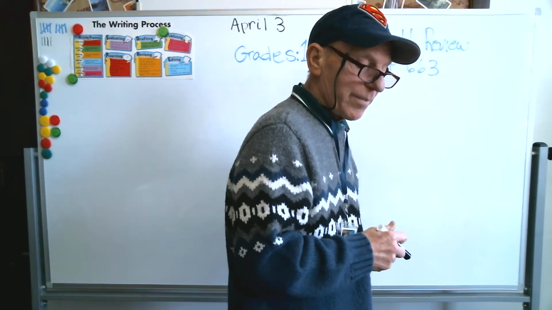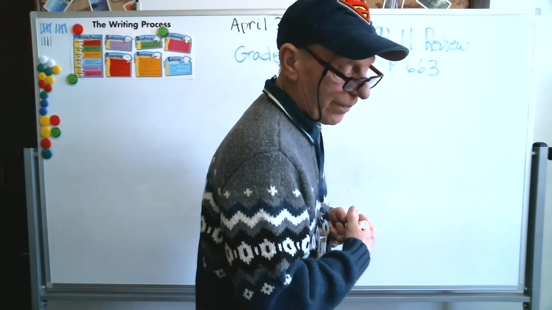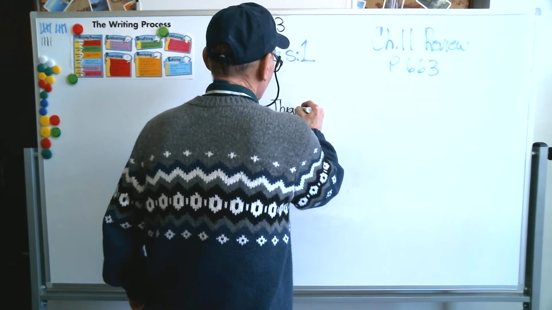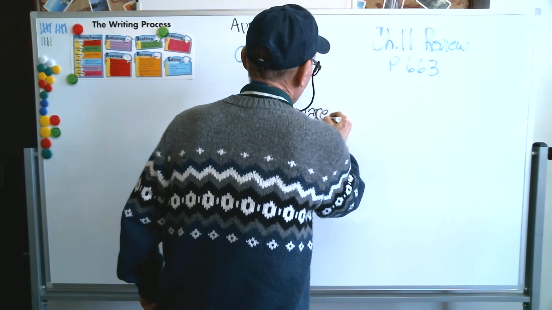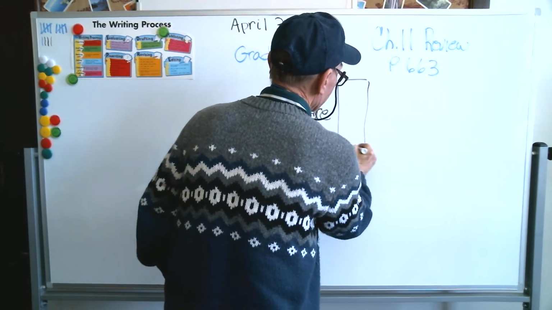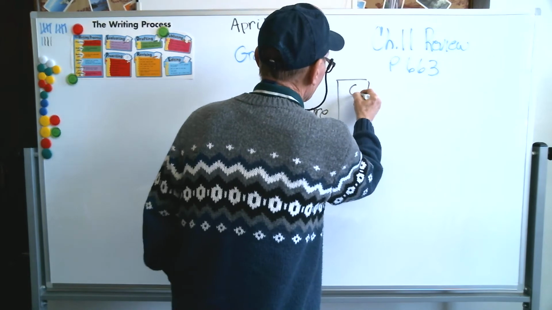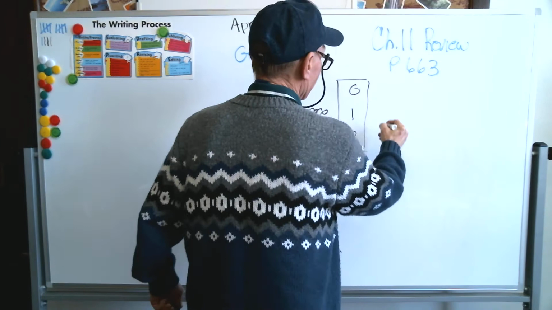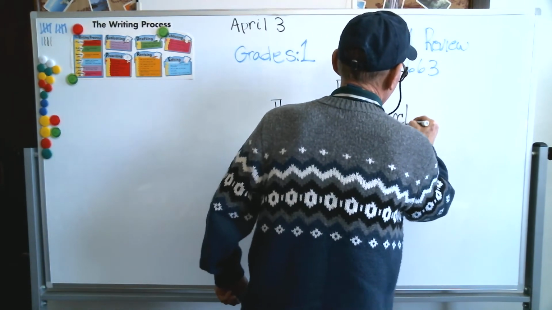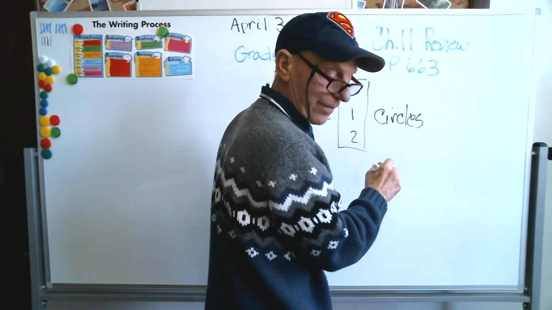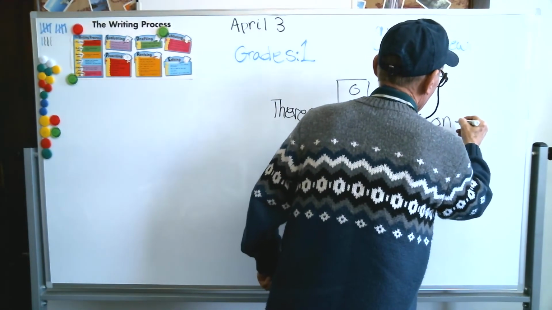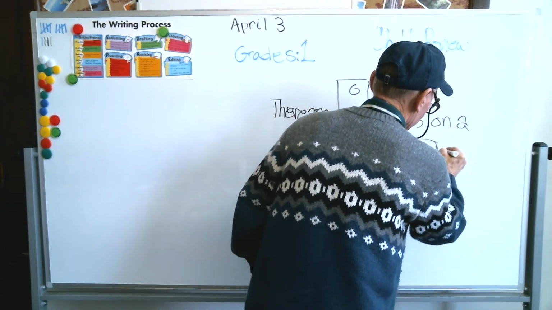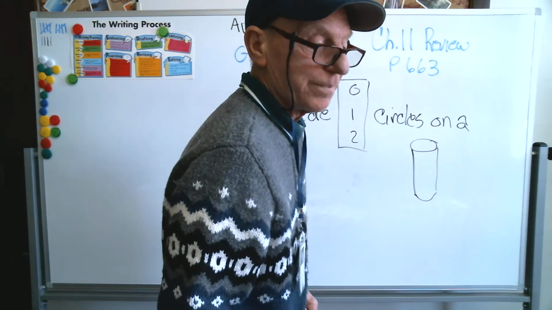It says, circle the number that makes the sentence true. And I like this problem. It goes, there are, and then it gives you a box here of some choices. And in the choices, you got 0, 1, and 2. And it says circles on, and it shows you a cylinder.